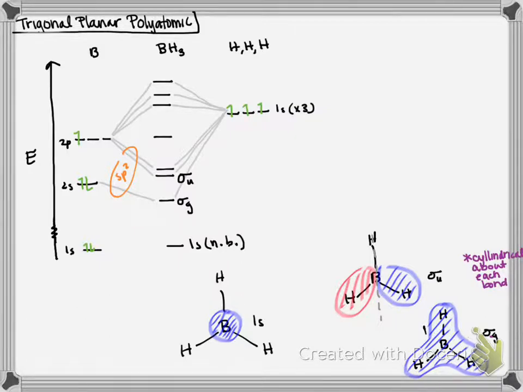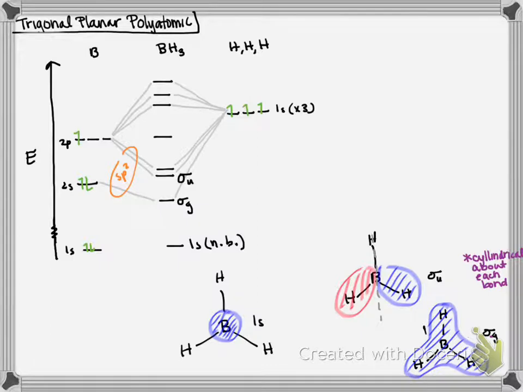And now we have a node. Our node here, much like before, as we go up in energy, we should add a node. That node is going to cut through the boron atom. And because of the symmetry for trigonal planar, it's also going to cut through one of the hydrogens. But it's going to leave the other 2 as bonding. So this we can think about as 2/3 bonding. And so we will call it bonding because majority wins.